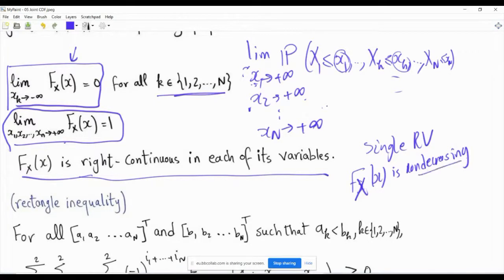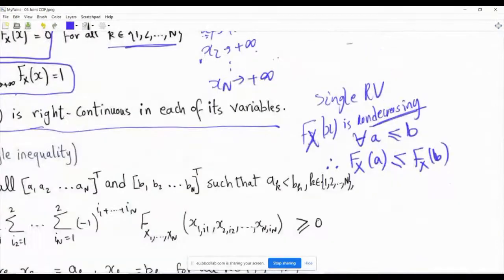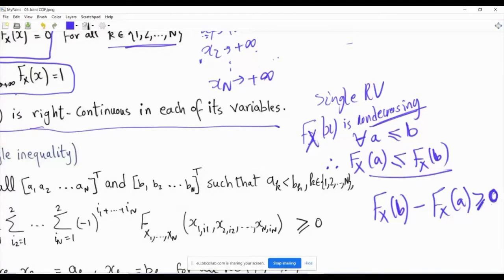You can talk about being non-decreasing this way: for every a less than or equal to b, it must be the case that F_X(a) is less than or equal to F_X(b). If you choose a less than or equal to b, the CDF evaluated at a is less than or equal to the CDF evaluated at b, or you can rewrite this as F_X(b) minus F_X(a) greater than or equal to 0.